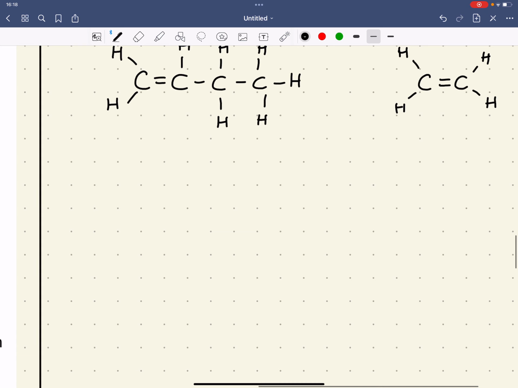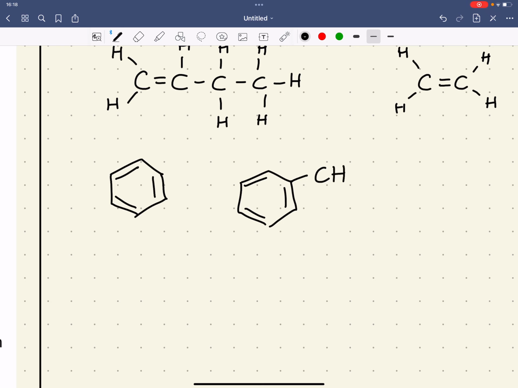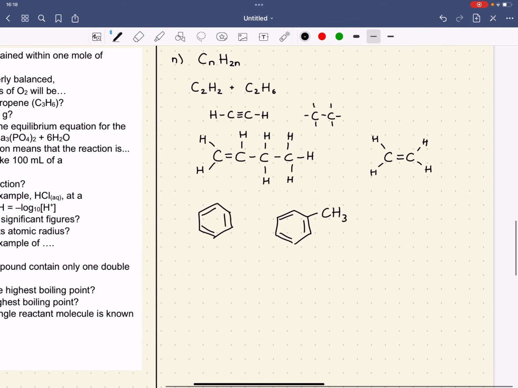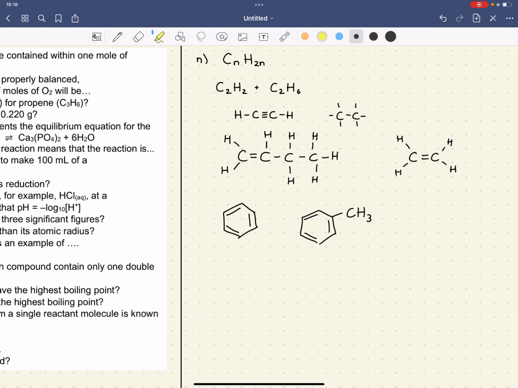C6H6, to just give you some context, is almost certainly a benzene ring, and C7H8 is likely to be something like methyl benzene. So the answer there would be C. The correct answer then would be these two here. They've both only got one double bond per molecule.